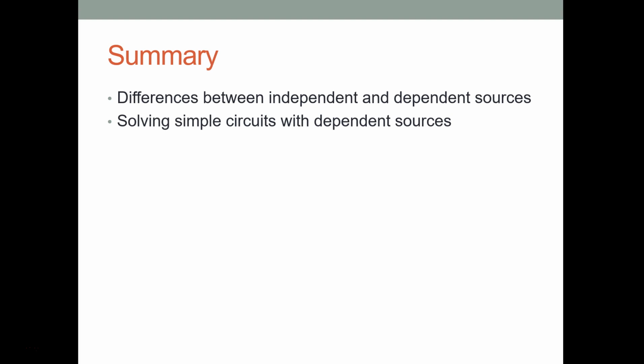And also remember, to determine the type of source that we're working with, we have to look at the symbol, because a dependent voltage source could depend on a voltage or a current. So sometimes you might get confused if you see 3I volts. So the I will be the dependent variable, the thing that that voltage source is depending on. So that brings us to the end for today.